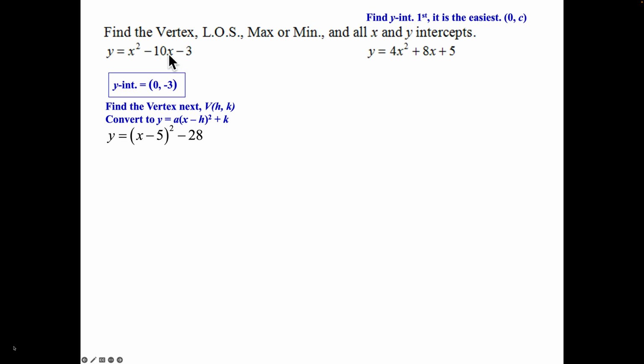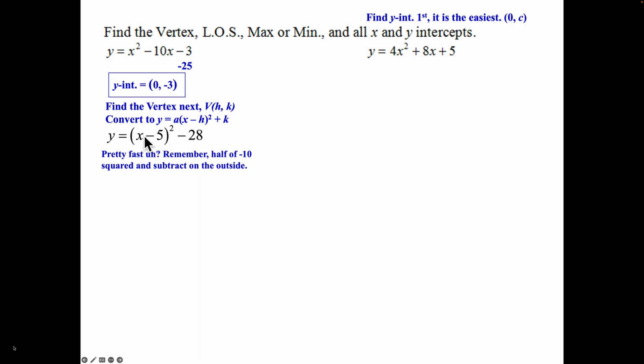If you do this completing the square so many times, remember we're taking half of a minus 10. That's minus 5. Go put it in the parentheses squared. And then remind yourself, oh okay, 25 is 5 squared, and you subtract it from the minus 3. Remember, plus blank on the inside, minus blank on the outside. So you can start to probably get this done between your ears after you've practiced it enough.